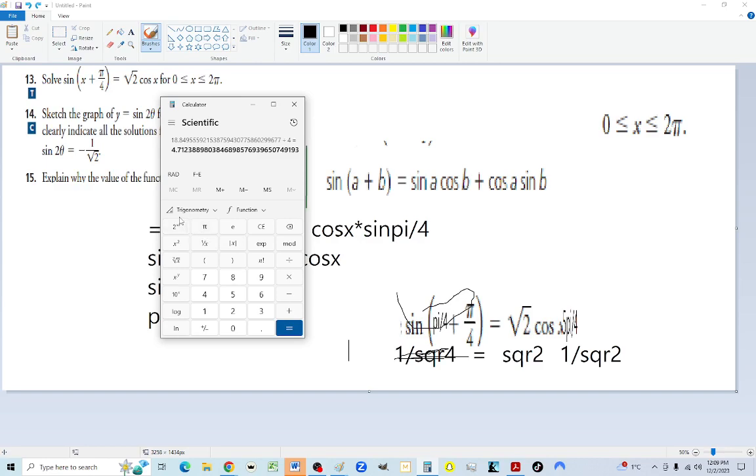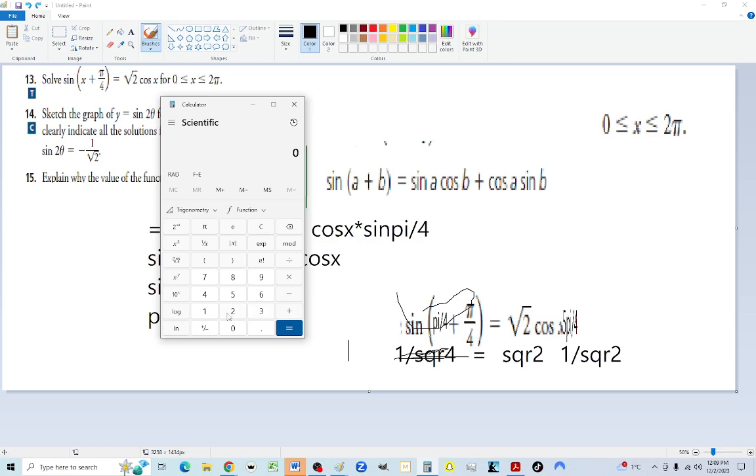Then hit the sine. Yeah, I get -1. Interesting. I don't think that's right. 5 pi over 4 plus 1 pi over 4 is 6 pi over 4. And sine it. Okay, I get -1.